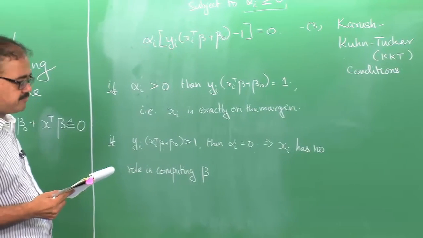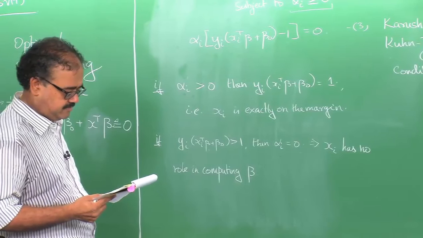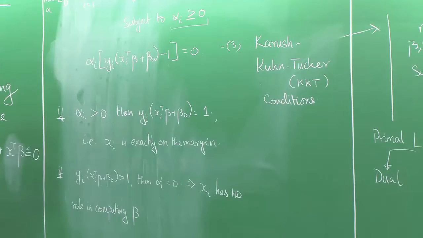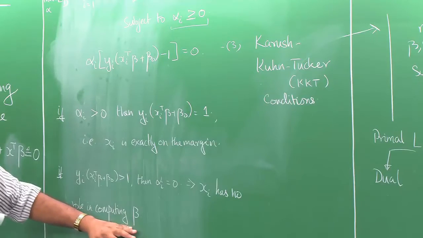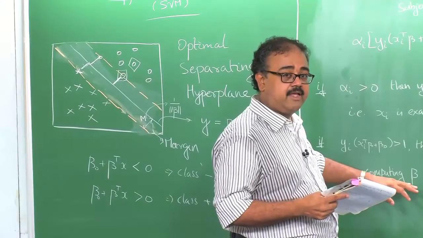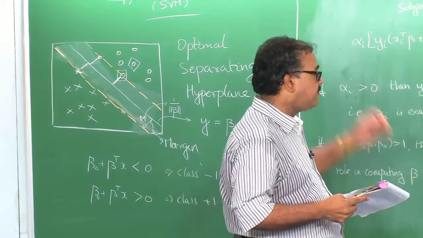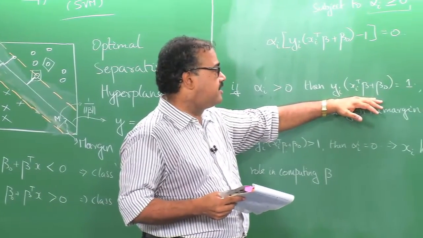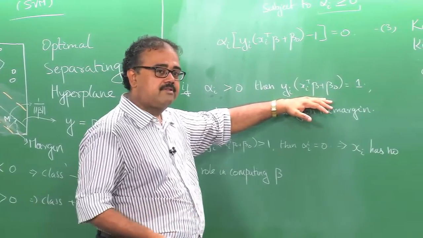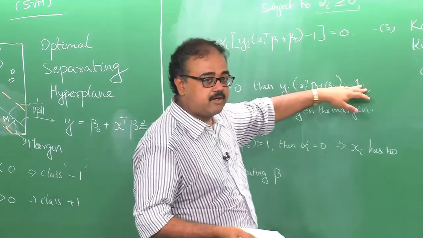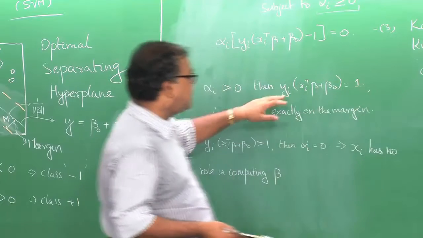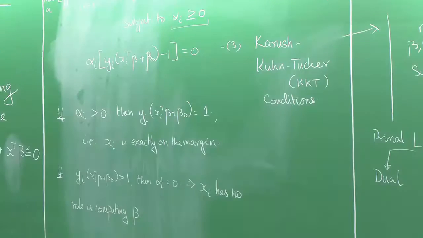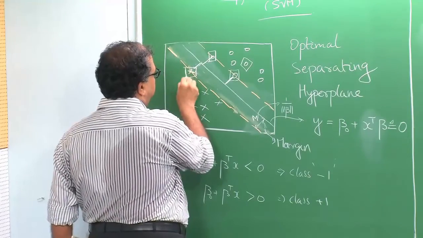So, which are the data points which will actually affect the solution beta? They are exactly those points for which y i times (x i transpose beta plus beta naught) is 1. That means they are exactly the points which lie on the margin.